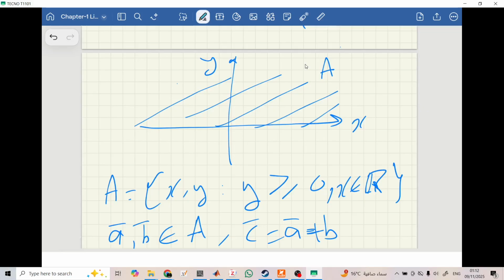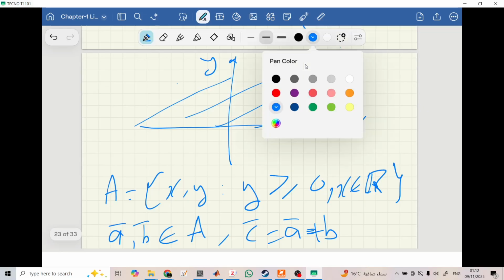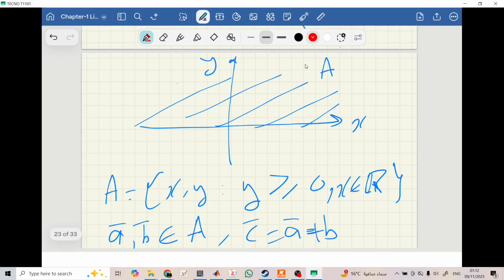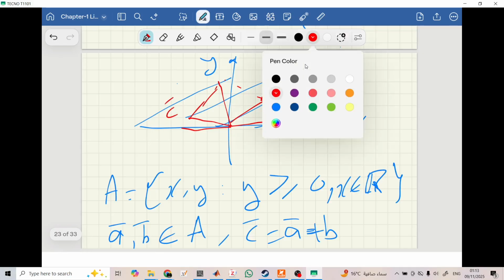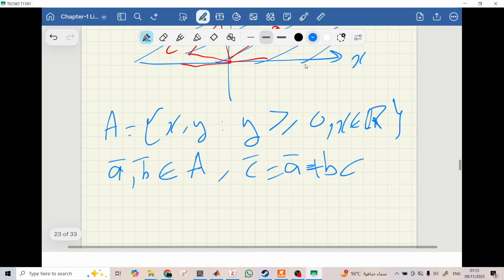Let's change the color. We have vector A here and vector C here. Any such vector will give you this, so it belongs to A. Even if you take a vector here and a vector here, it will be on the same line, so we can say that it is closed under addition.